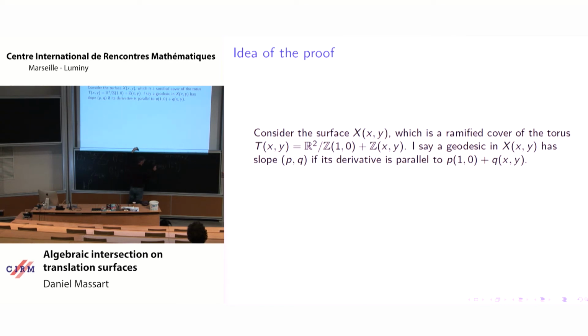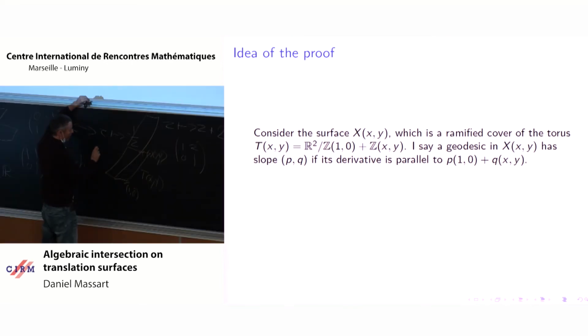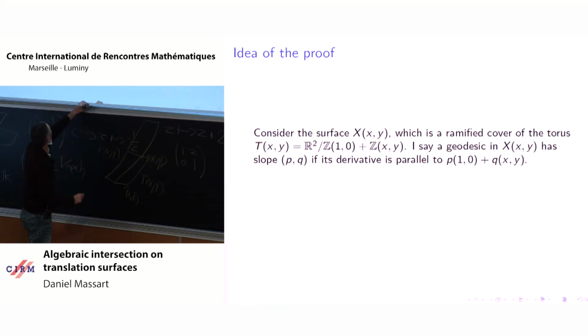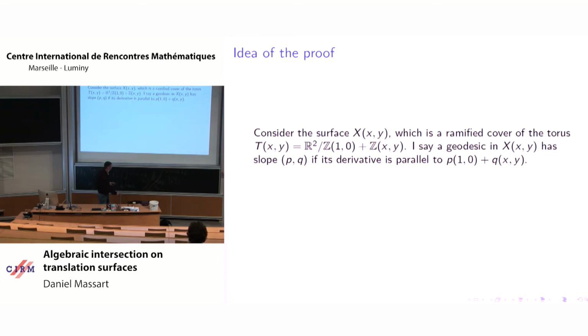So this is the torus T of xy, and the surface X of xy is just the surface tiled by 3 copies of this parallelogram, and on this surface I say that a curve has direction PQ if it projects in the torus to a curve which is p times this vector plus q times this vector.